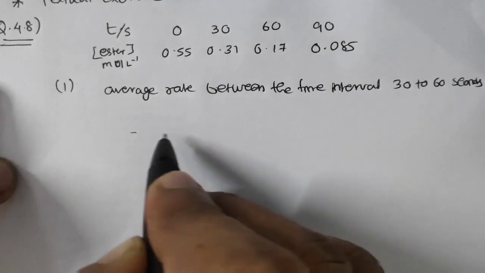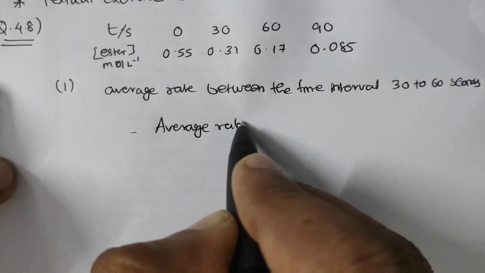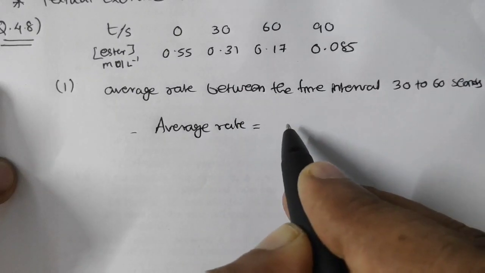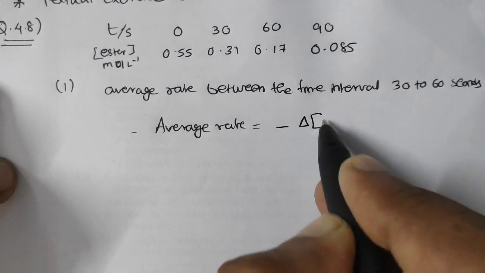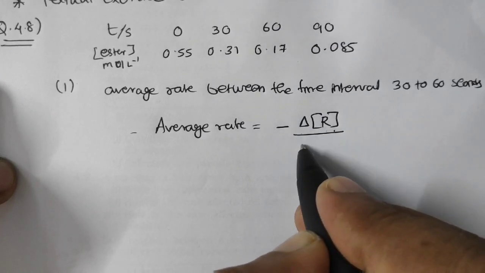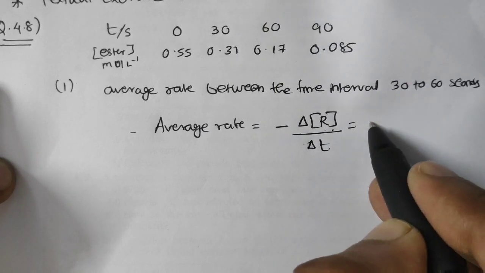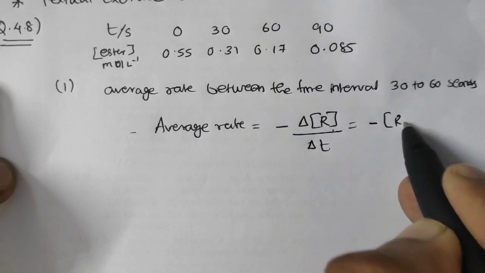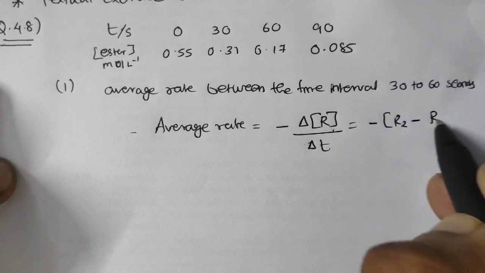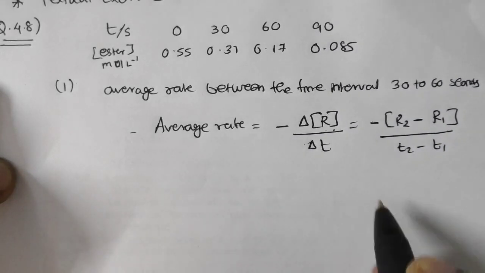So for average rate, we know the formula. For a reactant, we can write minus delta concentration, the change in concentration of the reactant, upon change in time. So I can write minus of R2 minus R1, whole upon T2 minus T1.